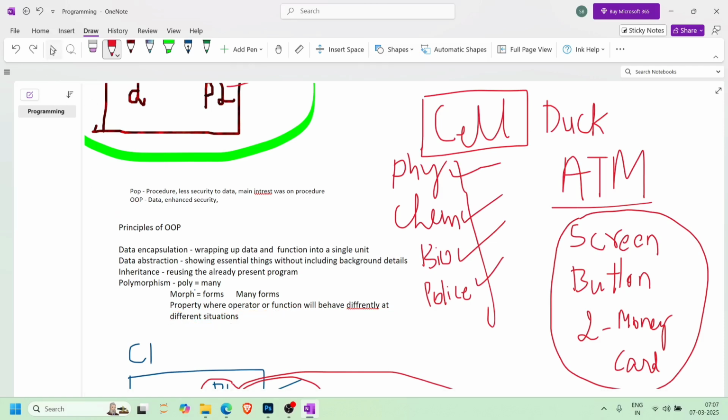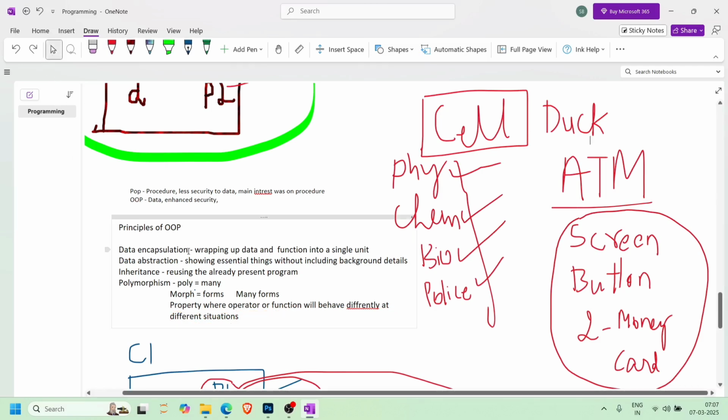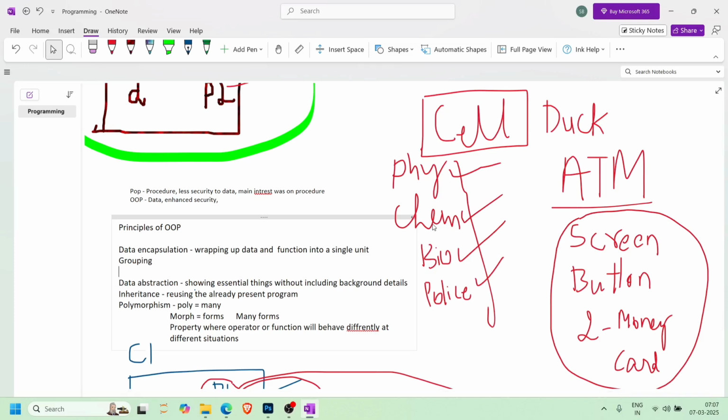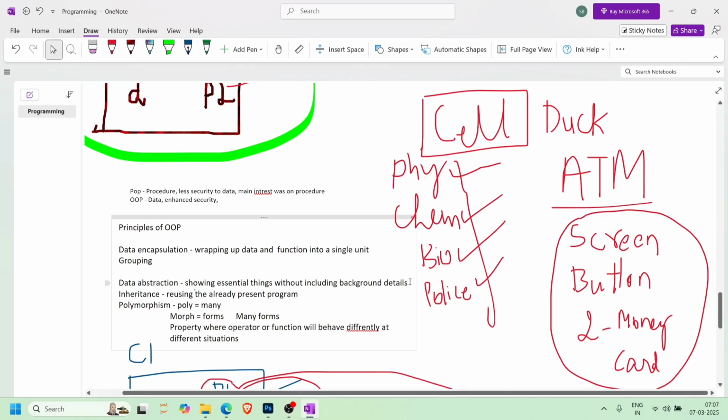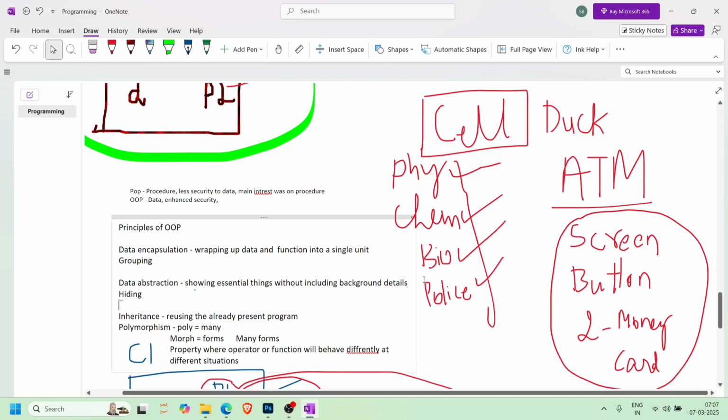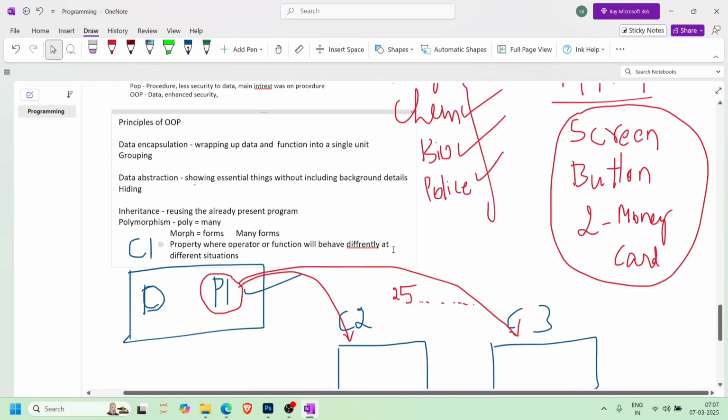So all these four principles can be remembered using some code words. Data encapsulation we can remember as grouping. Data and procedures are grouped into a single unit, that is called data encapsulation. Second one is data abstraction. Abstraction means hiding. Some data is shown and some data is hidden from other programs.